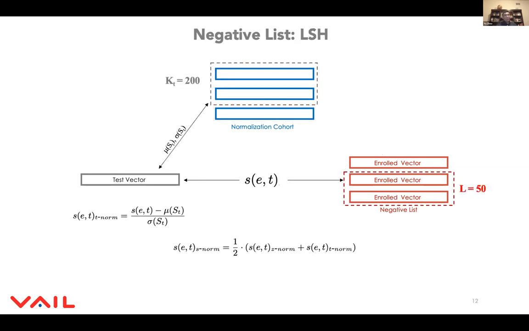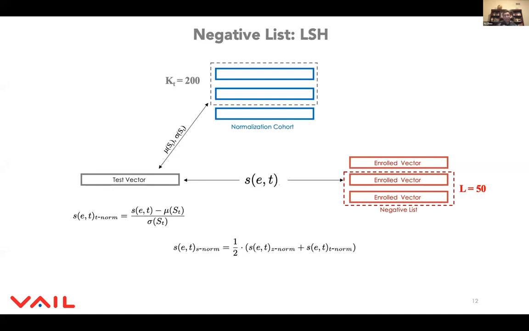A second technique we have experimented with is to use locality sensitive hashing, LSH, to reduce the number of PLDA similarity score computations. It doesn't matter which normalization method we use. For negative list detection, first one needs to compute the similarity scores between the test vector and every one of the enrolled vectors in the negative list.